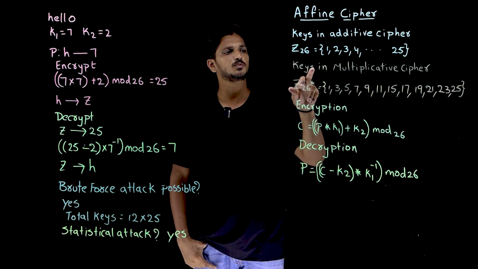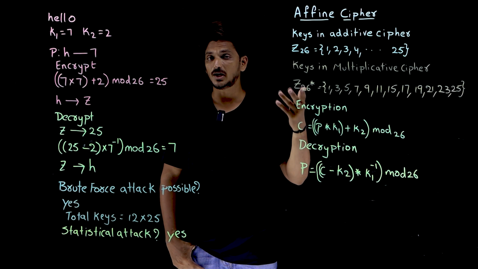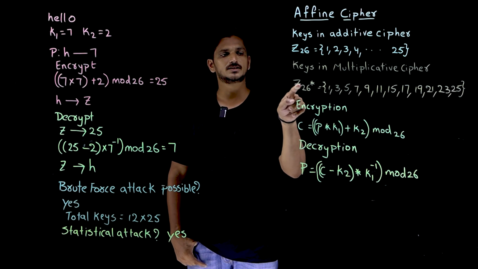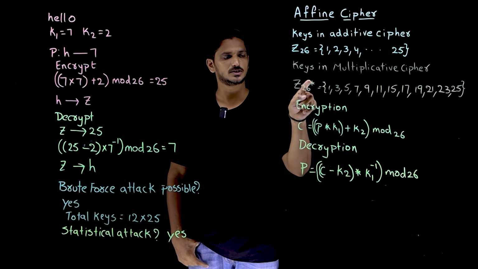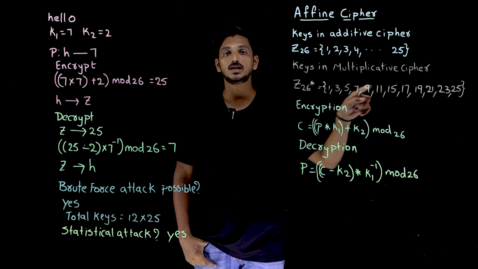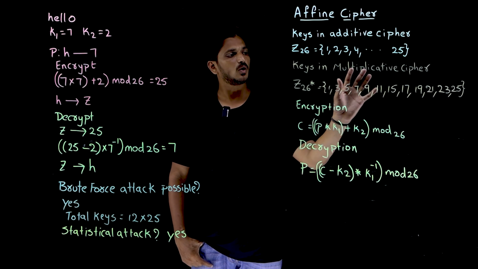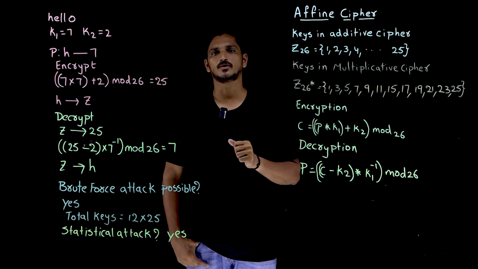Similarly, when we discussed about the keys in multiplicative cipher, what are the possible keys in multiplicative cipher? It is given as Z26 star, which is multiplication, that is equal to 1, 3, 5, 7, 9, 11. These are the keys available in multiplicative cipher. Only 12 keys possible in multiplicative cipher. Why?